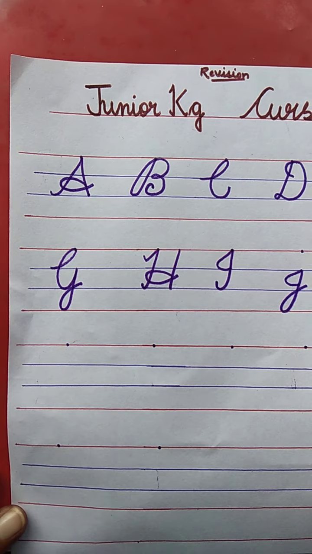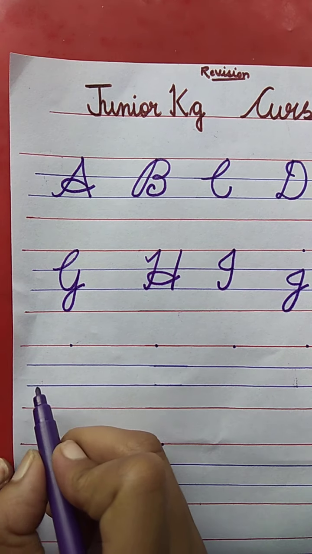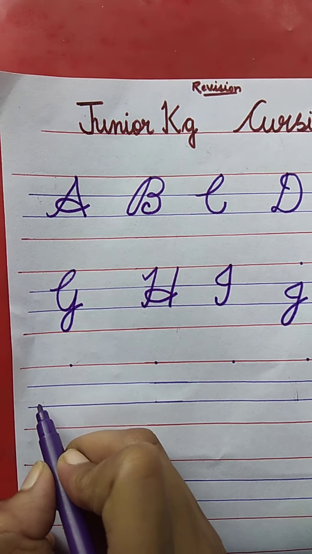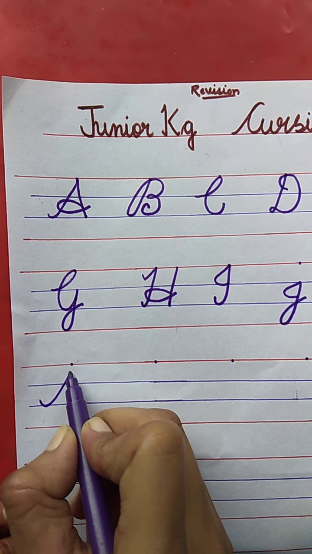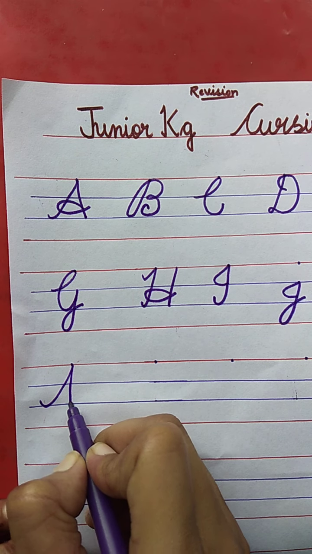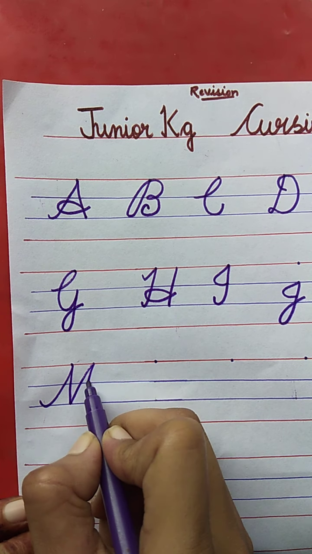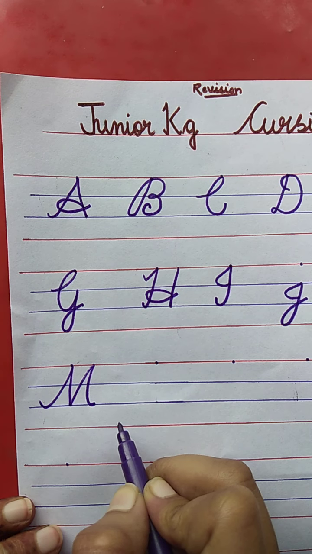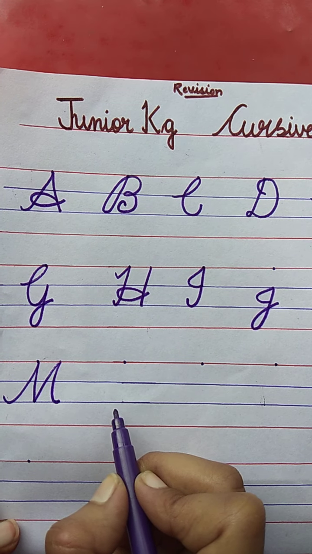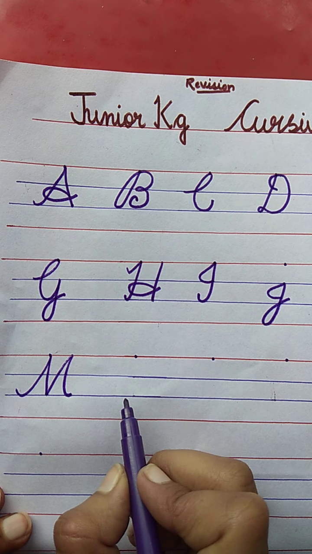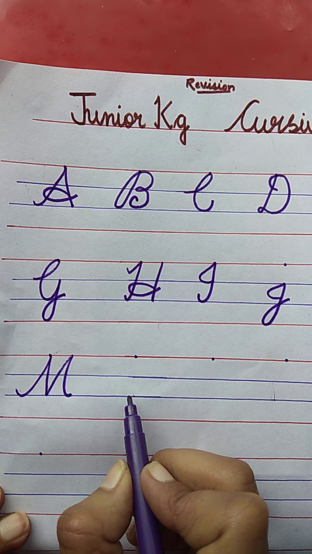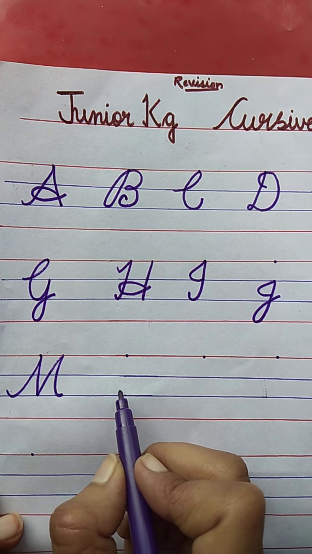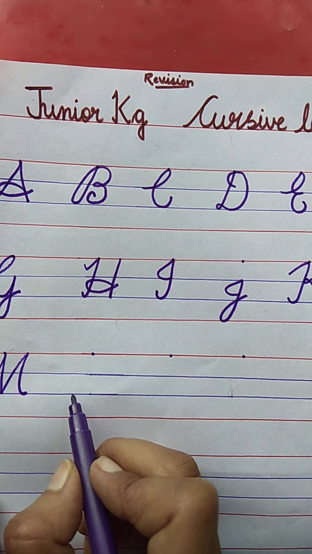M. M for monkey. See here, draw a slanting line, one more slanting line, one more, and this is last slanting line. M for monkey. The spelling of monkey is Monkey.